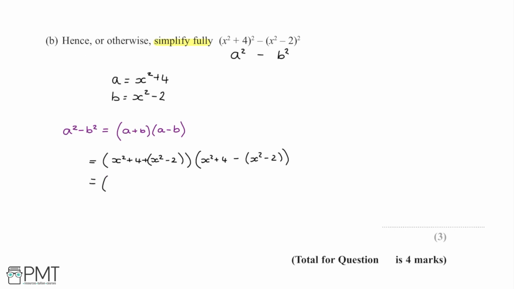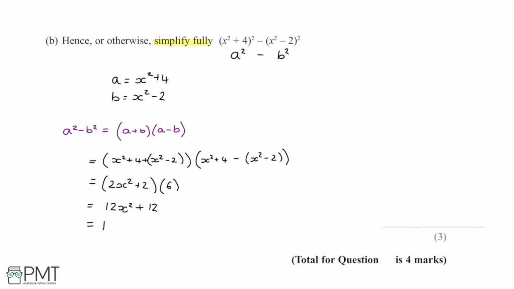And if we expand out, if we add and subtract and take out the brackets, we're going to be left with 2x squared plus 2 multiplied by, so the x squareds here cancel out, and then we're left with 4 minus minus 2, which is 4 plus 2, so multiplied by 6 basically here. And that's going to leave us, if we multiply this out, with 12x squared plus 12.